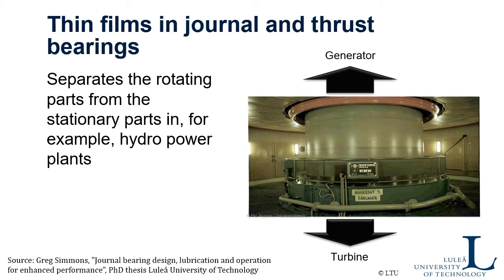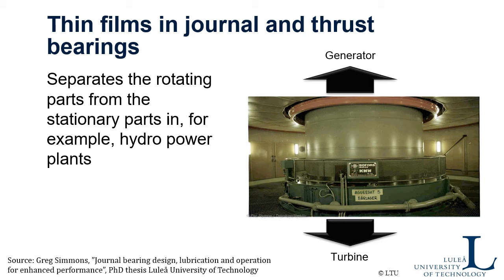Before talking more about wedge mechanisms, I'm just showing an example from industry, from a hydropower plant in northern Sweden. It's a pretty big hydropower plant. I believe the rotor could weigh maybe 100 tons, and the only thing that separates the rotating part from the stationary part is a thin oil film in the thrust bearing, which is inside this one.